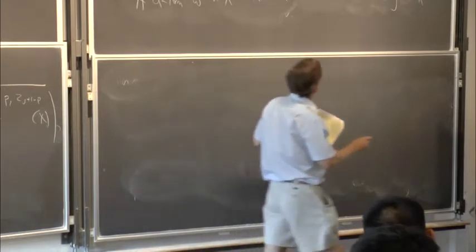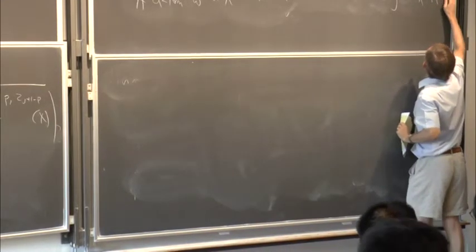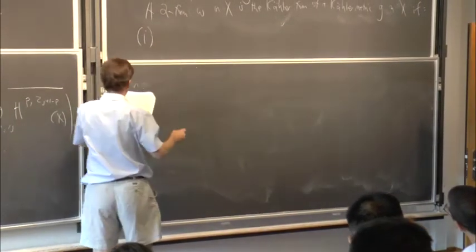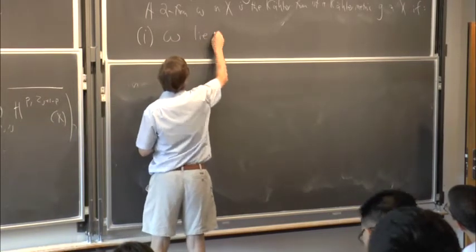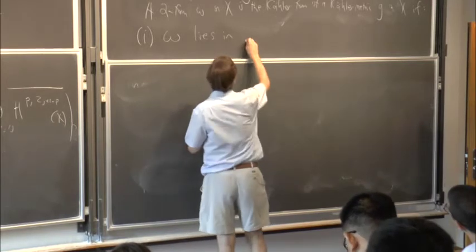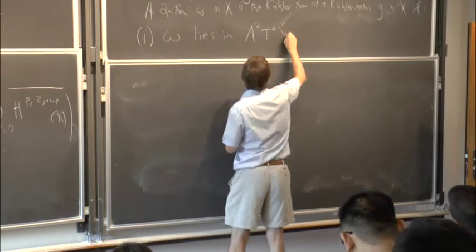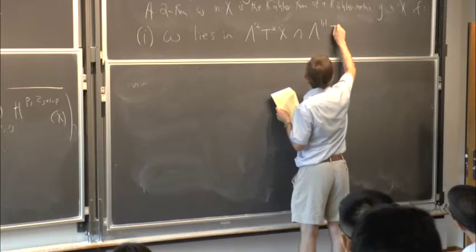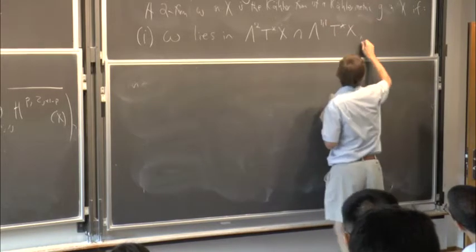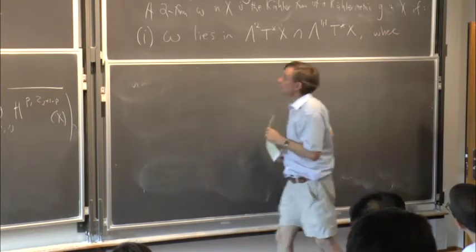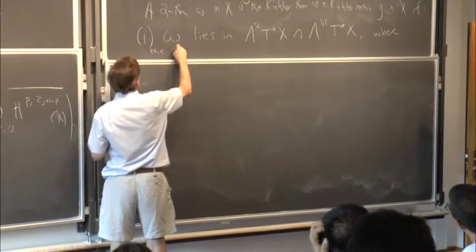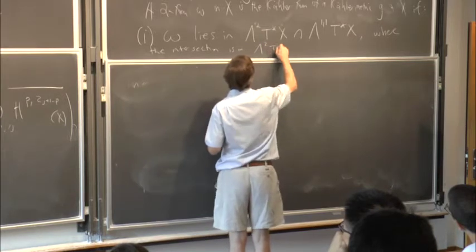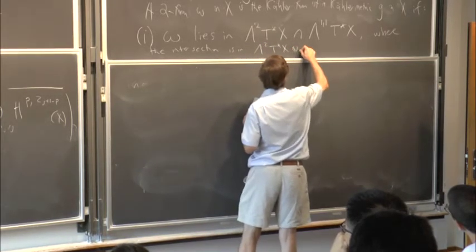So if 3 conditions hold, well, so firstly, omega lies in the real 2-forms on X, Λ²T*X, intersected with Λ^{1,1}T*X, where the intersection is in Λ²T*X tensored over the reals with the complex numbers.